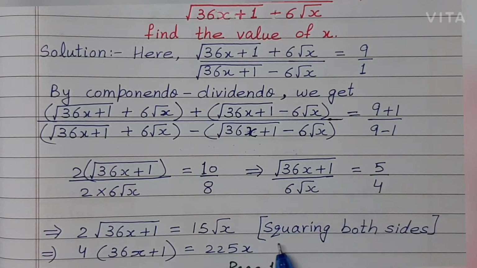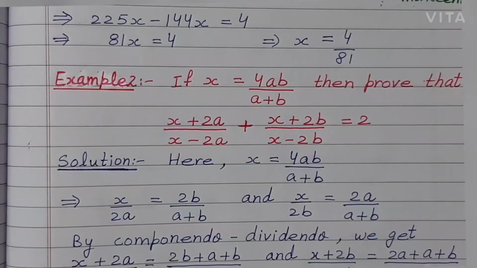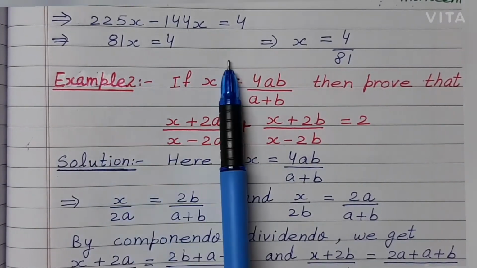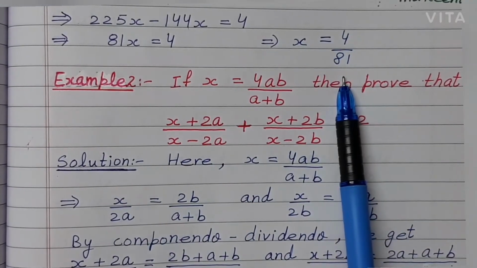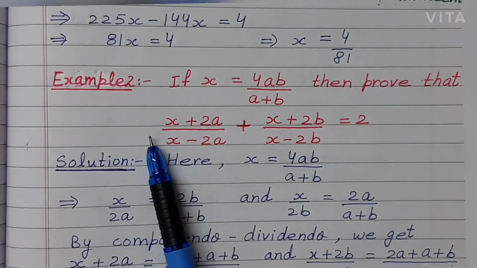So what we'll get here? 4 times (36x plus 1) is equal to 225x. Now after solving this, we will get the value of x. So the value of x is 4 upon 81. Clear? Now let us discuss second example.